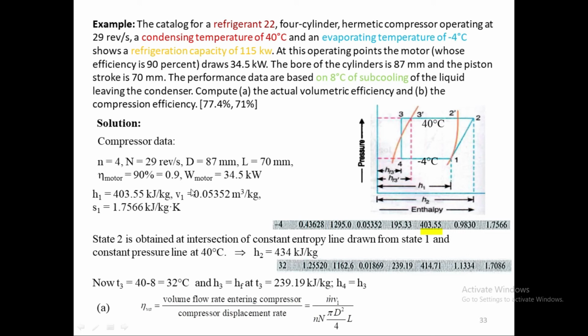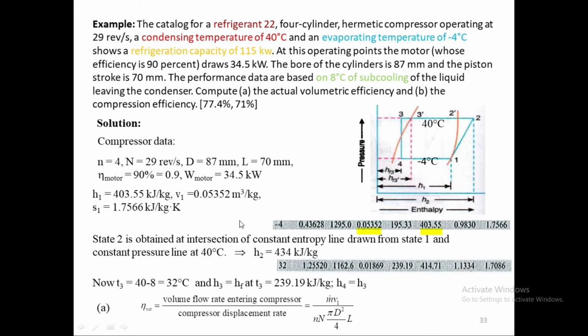So I've written down that one. And the specific volume at the inlet of the compressor is V1, and V1 is 0.053 right here. So I have done these two values right here, meter cube per kilogram.